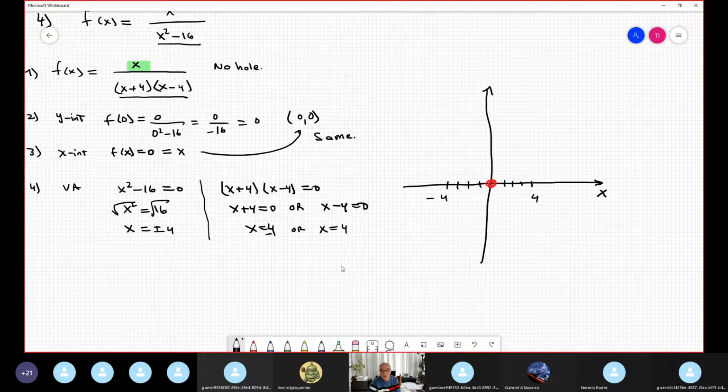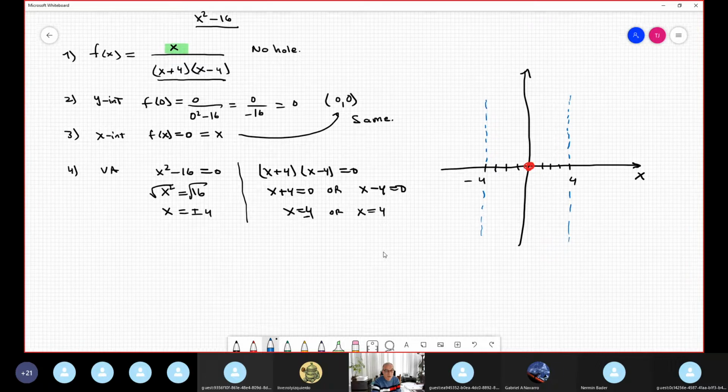Negative 4, positive 4. 2 asymptotes. Okay, super.